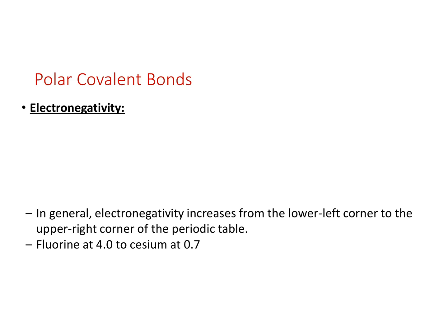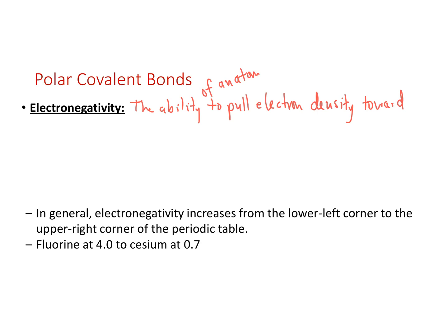I want you to think of electronegativity as basically a tug of war for that electron density, because electronegativity is basically the ability of an atom to pull electron density toward itself. So we still have a covalent bond. We're still sharing the electrons in that covalent bond, but we're not sharing them equally.